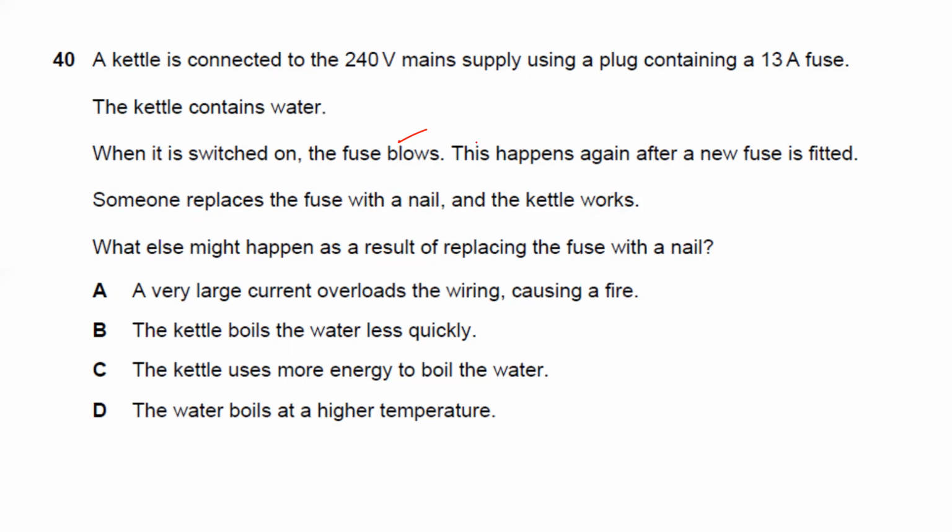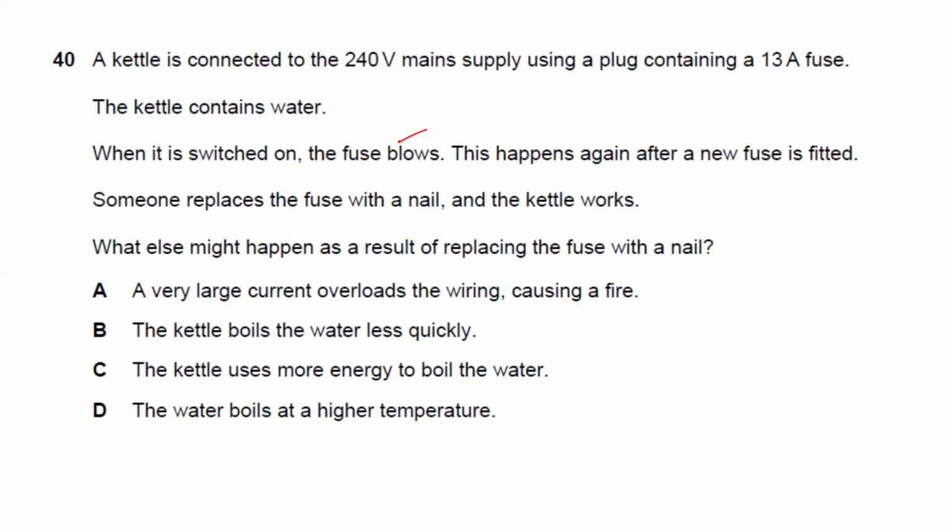What has happened here is that there is some sort of fault in the overall wiring, and that is why the fuse is blowing. Someone replaces the fuse with a nail, and that nail can withstand high current values compared to the fuse, and the fault is not removed.